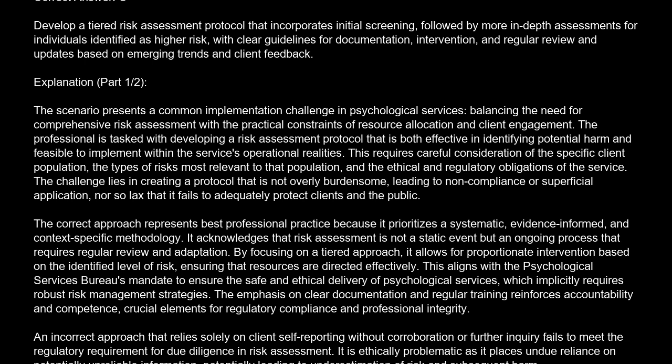This aligns with the Psychological Services Bureau's mandate to ensure the safe and ethical delivery of psychological services, which implicitly requires robust risk management strategies. The emphasis on clear documentation and regular training reinforces accountability and competence, crucial elements for regulatory compliance and professional integrity.